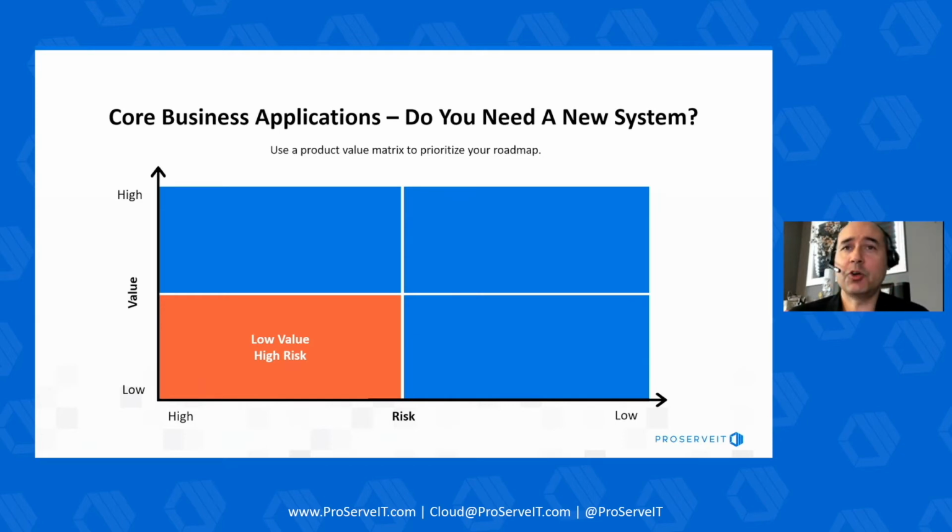And so how do you know that you've got an application that has low value and high risk? A couple of things to look out for. On the risk side of the equation, maybe the application has a separate account that you need to log into. And usually, that's a good indicator that the application isn't built on modern security practices and might be introducing risk.